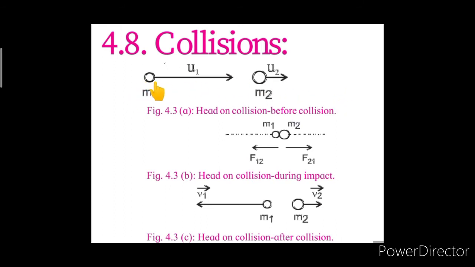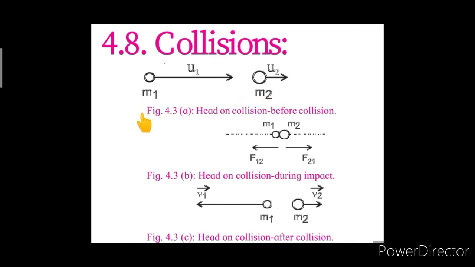When they are moving with their initial velocities u1 and u2, the line joining their centers is in the same line. That's why it is said to be a head-on collision, as the centers of both the bodies are traveling in the same line.